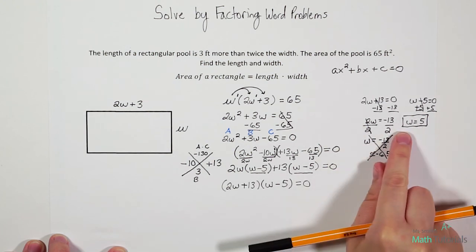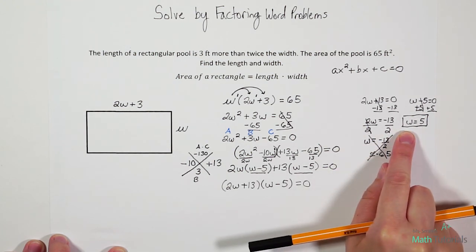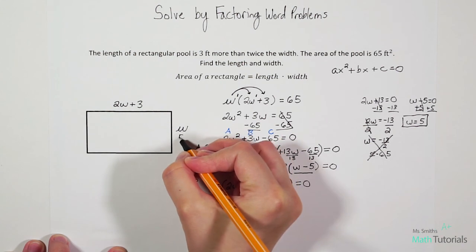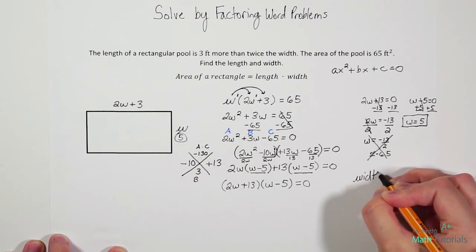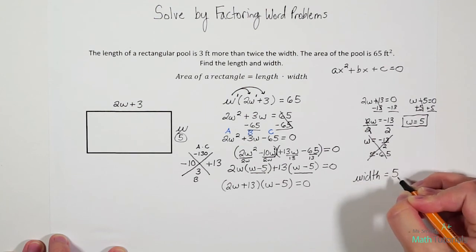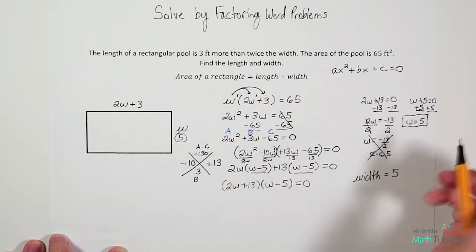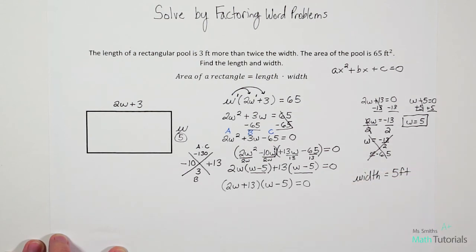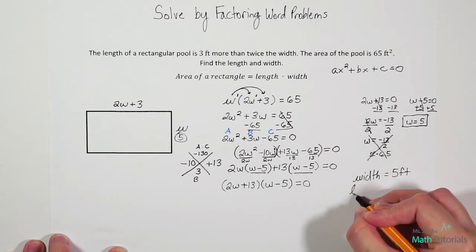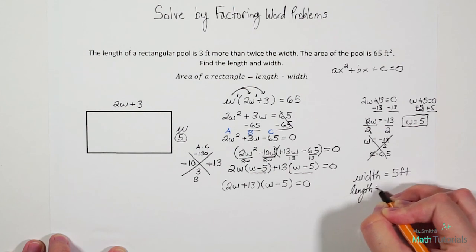We found half of our answer. We know the width. We know W is 5. So we can actually write that out. W, or the width, is 5. And remember, our units are in feet. So 5 feet. Now we still need to know the length because they wanted to know length and width.